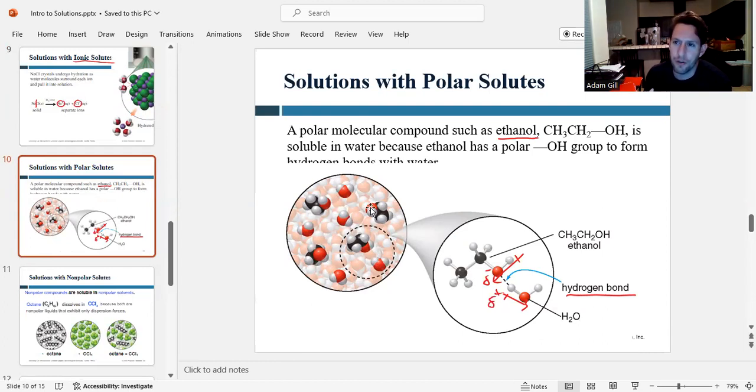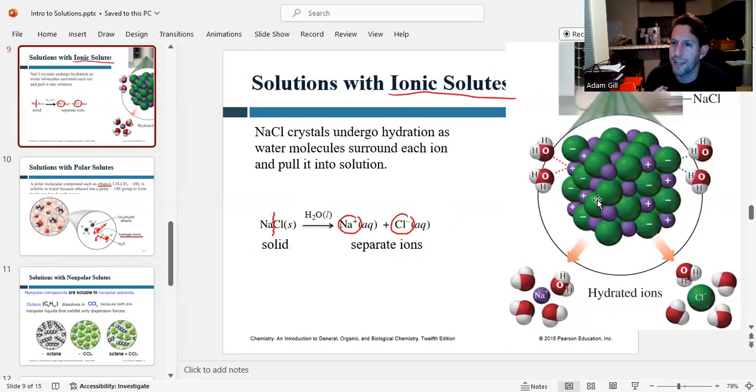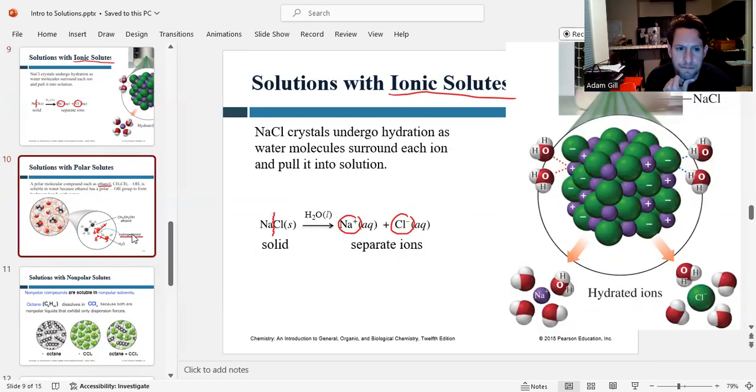Vodka is not pure alcohol. It's like 40% alcohol in water. And the reason why alcohol and water mix is because of this hydrogen bonding. And so the alcohol molecules happily hydrogen bond and mix with water. So this is an example of a polar molecule as opposed to an ionic compound.